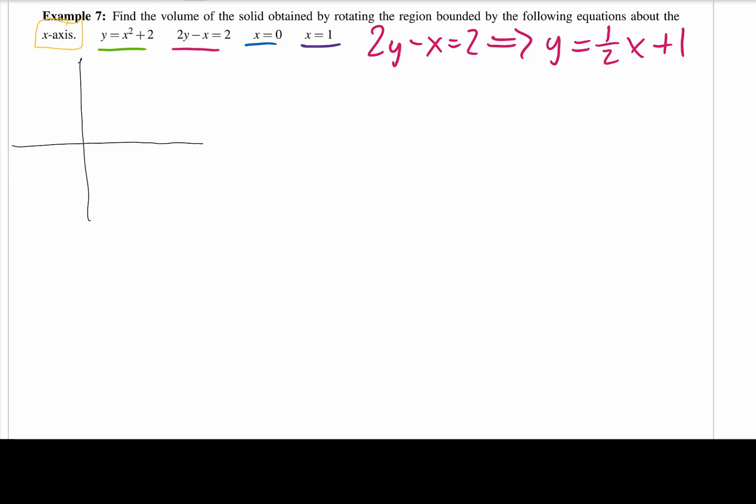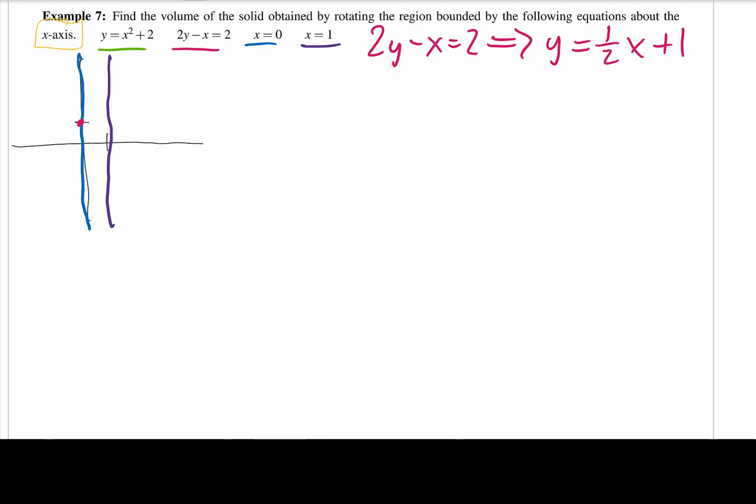Okay. Let me go ahead and mark my other lines. Okay, I've got x equals 0, y equals 1. We're going to have y equals 1/2 x plus 1. So that means I should have a y-intercept at positive 1 with a slope of 1/2.